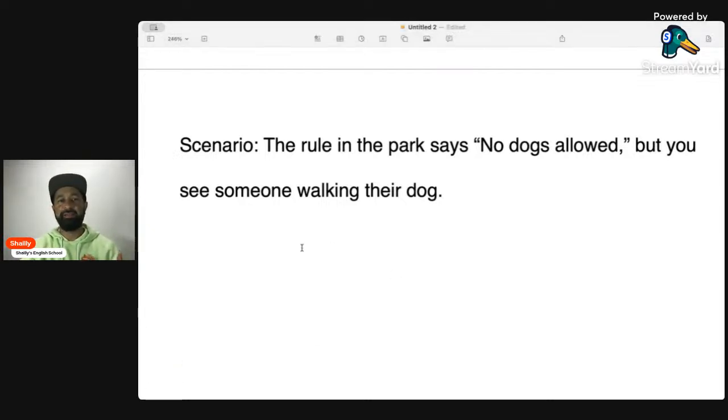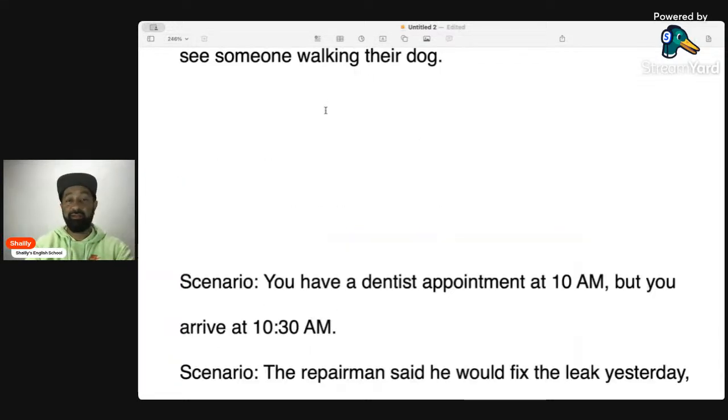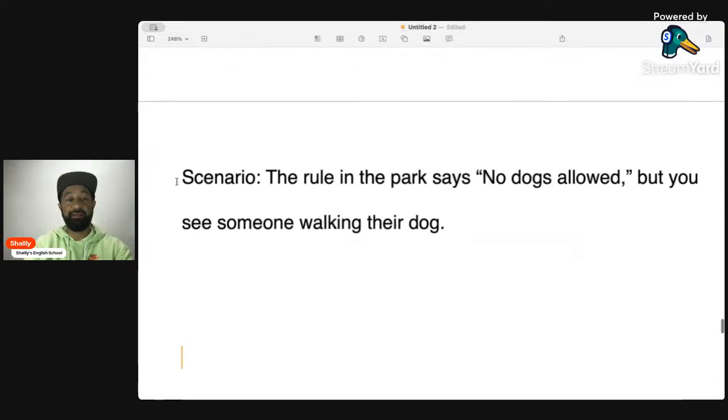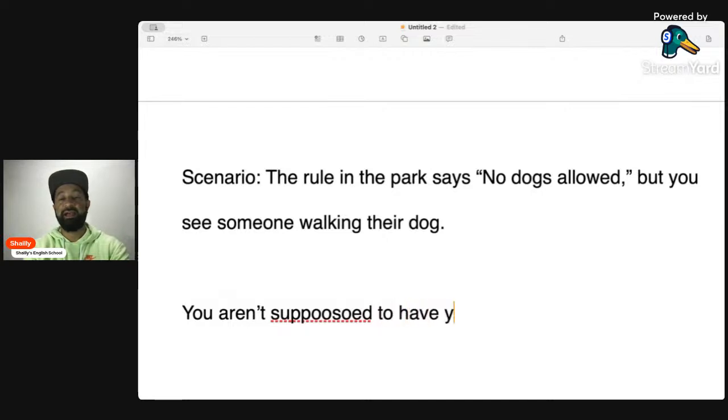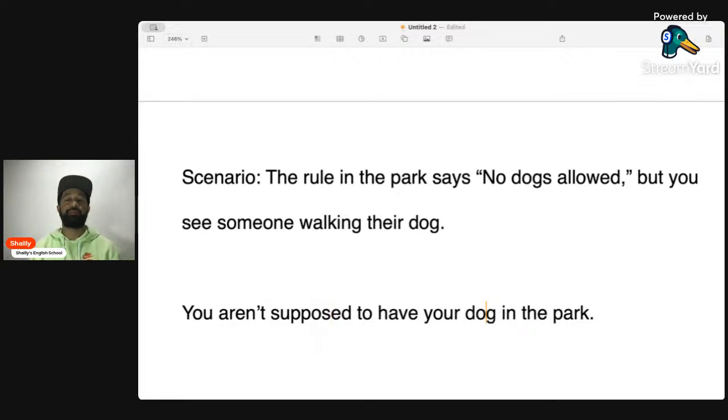Okay, so maybe in my mind, or maybe I would say to the person, I would say, you aren't supposed to have your dog in the park. Okay, you aren't supposed to have your dog in the park.